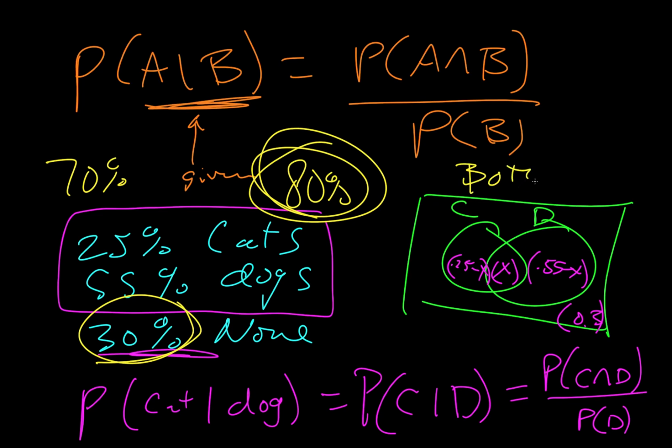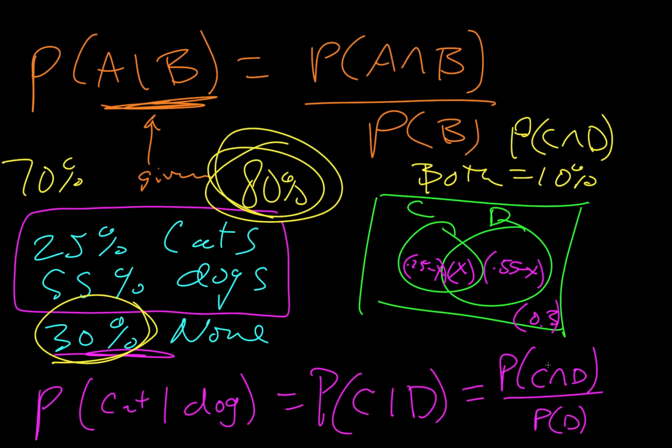So we're going to say both equals 10%, which means that P of C and D also equals 10%. So in this formula right here, we have 10%, or 0.1, divided by probability of having a dog, which was 55%.